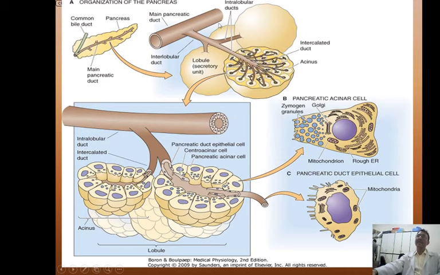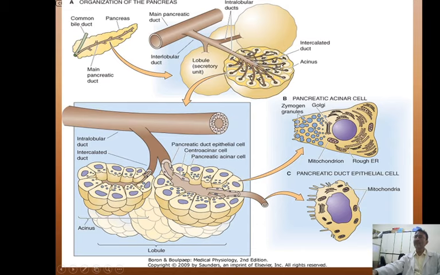This main pancreatic duct is broken down into a number of ducts, which we call the interlobular ducts. The interlobular ducts are further broken down into intralobular ducts, and these further break down into intercalated ducts.